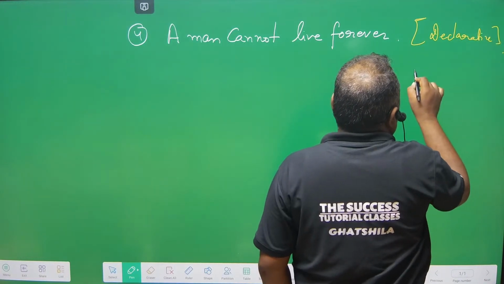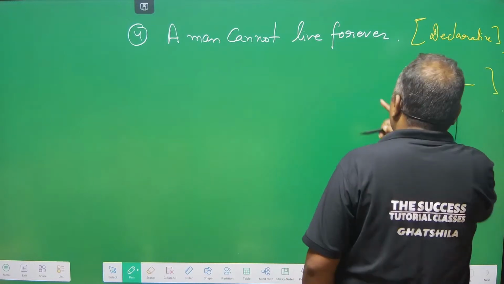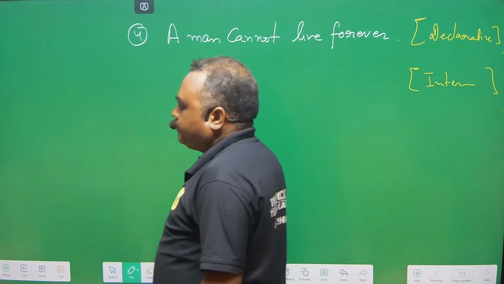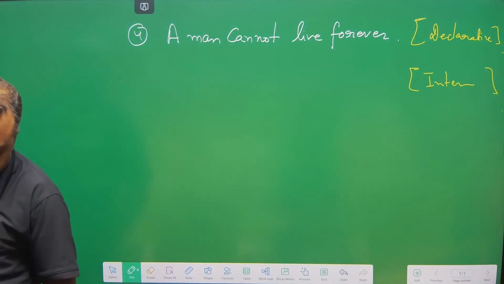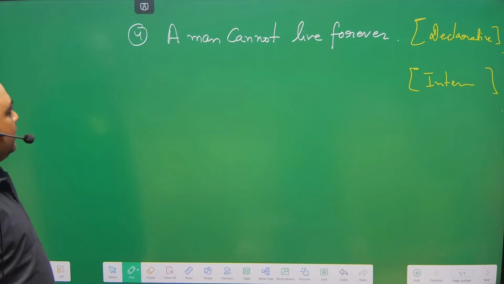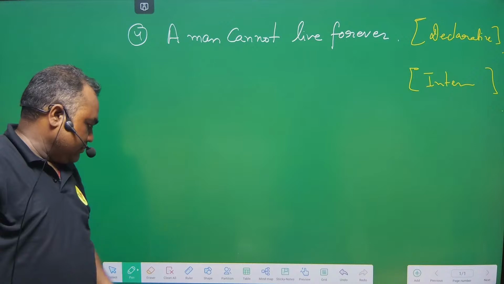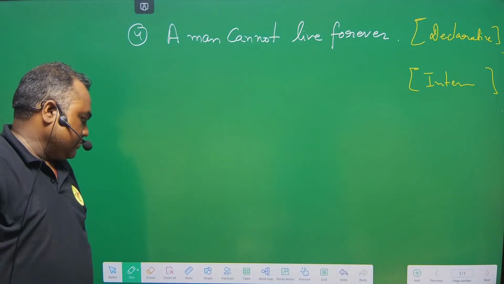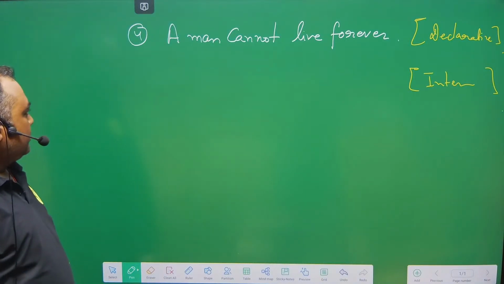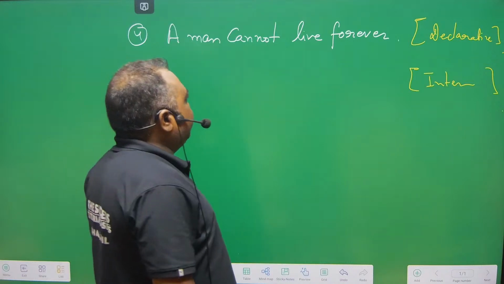You have to convert it into interrogative form. A man cannot live forever. Very simple.